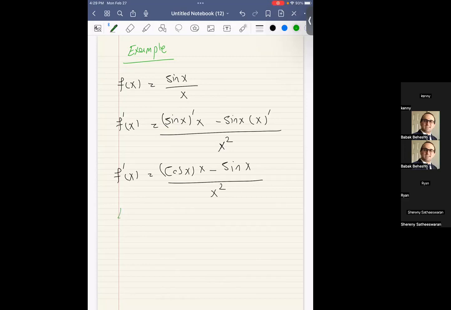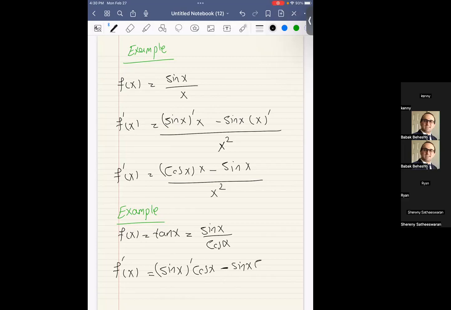Now another important example. Tangent of x. If f of x is equal to tangent of x, remember we can write tangent as sine x over cos x, right? So if you want to find the derivative, we can use the quotient rule. The derivative would be sine x prime times cos x minus sine x times cos x prime, over cos squared x.